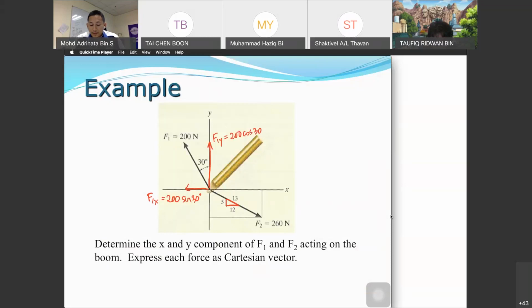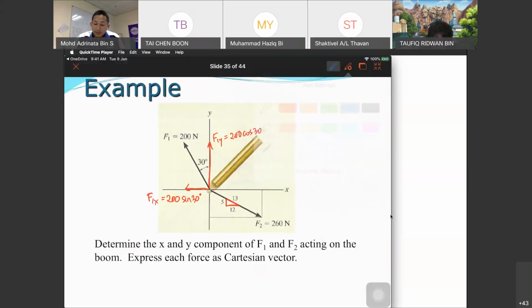Then we can have our F2. So we can divide our F2; it depends on our triangle. For F2, in X direction, we have 12 and 13: 12 over 13 times 260. So this is for F2 X direction.